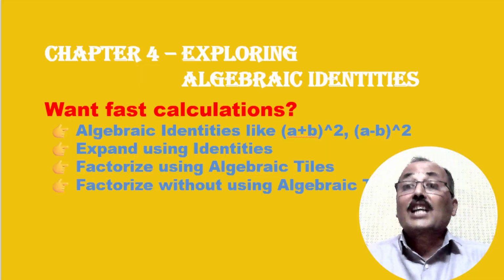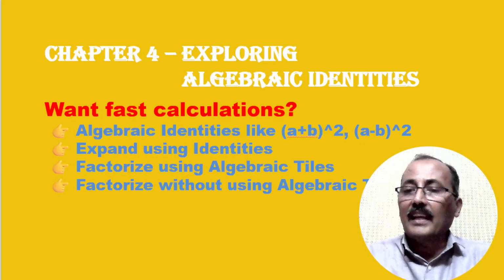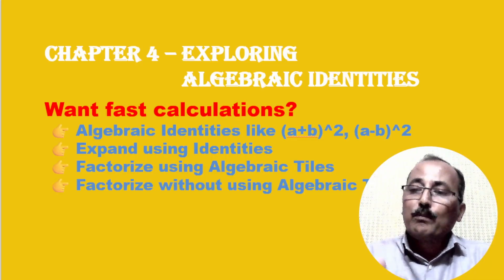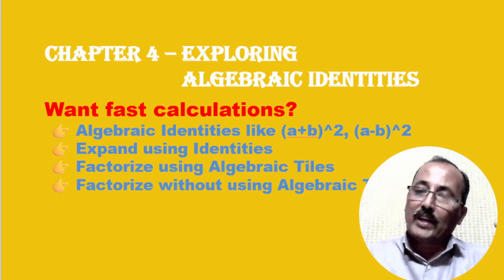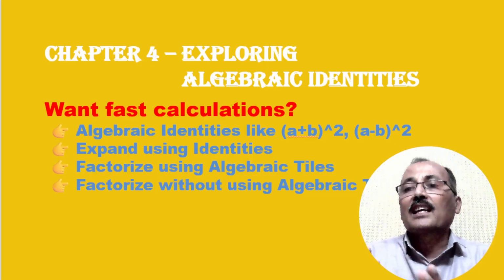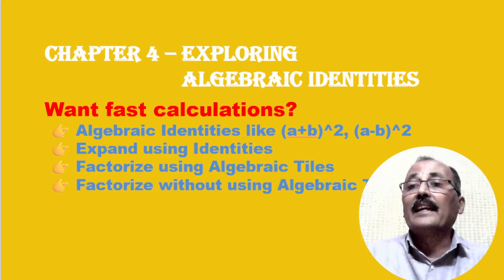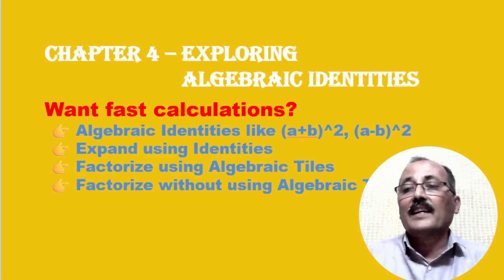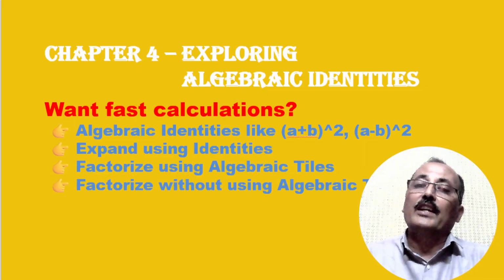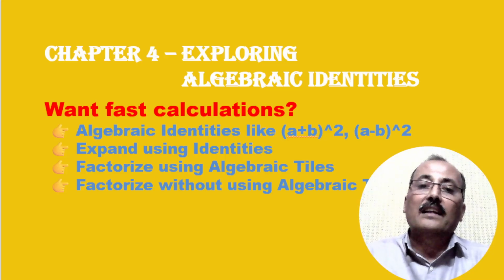Okay, what about the next one? Chapter 4, exploring identities, algebraic identities. What are identities? Here you wouldn't have known about that one. Now when you are coming to 9th standard, a plus b whole square, a minus b whole square, a plus b into a minus b, like that algebraic identities you are going to explore in this one. Expand using identities. a plus b whole square is there, using that one, 2x plus 3y, 2x plus 3, 4x minus 7, like that, how to expand that and all.